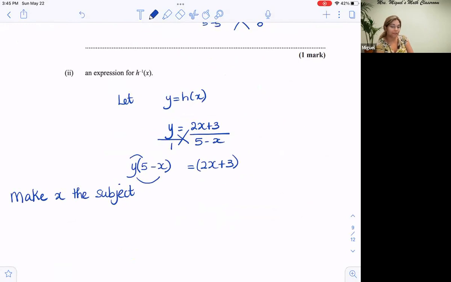So multiply 5 by y and minus x by y. Go ahead, try it.